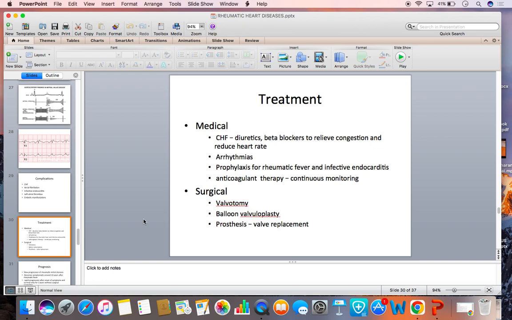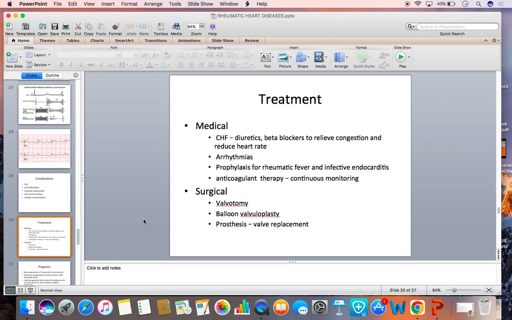And we can give beta blockers in order to get relief of tachycardia. Then associated symptoms of palpitation can have temporary relief with beta blockers. And treatment of arrhythmias and prophylaxis for rheumatic fever and infective endocarditis.